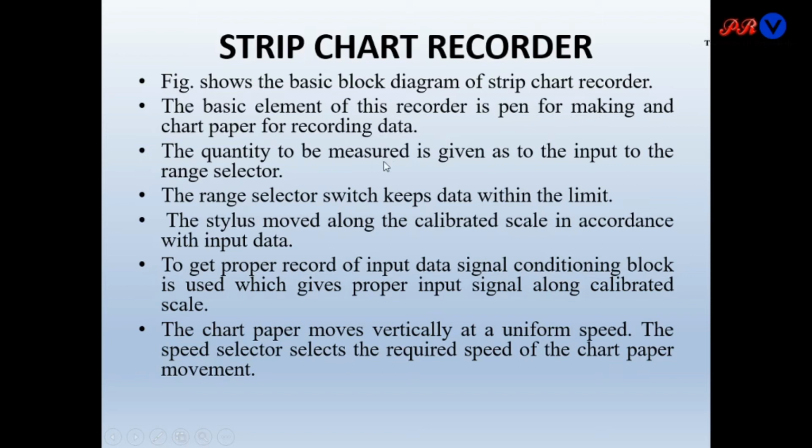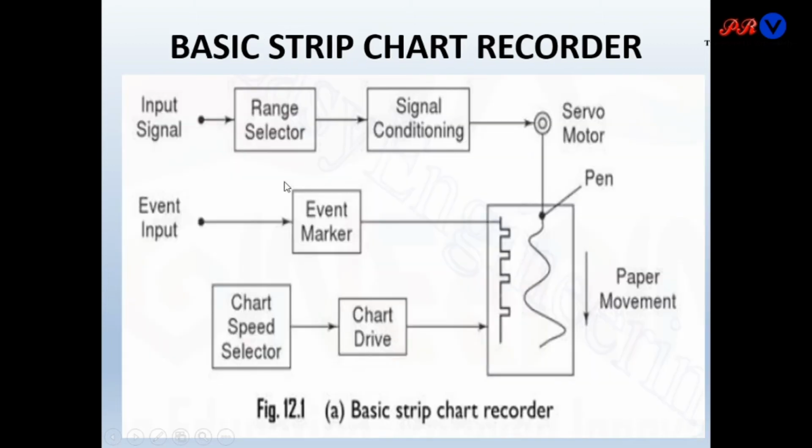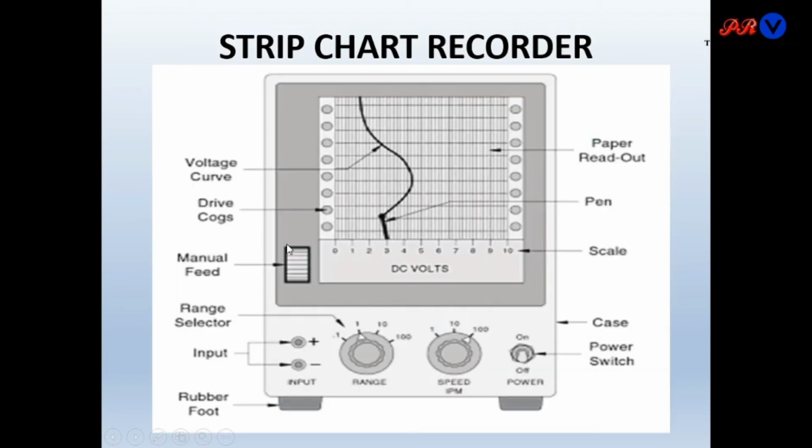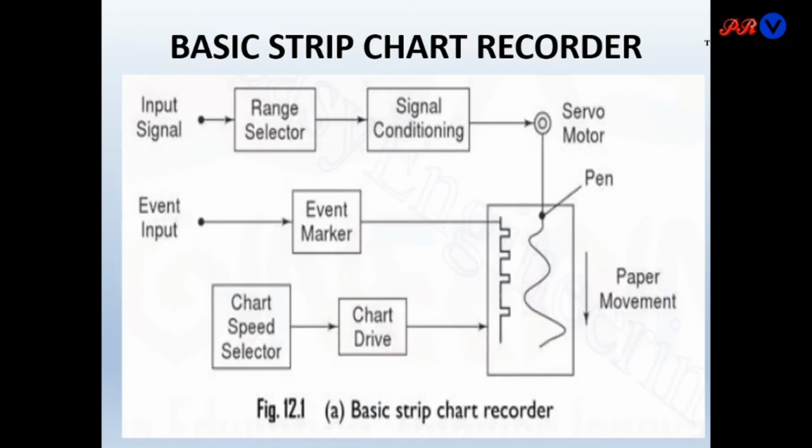The quantity to be measured is given as the input to the range selector. The range selector switch keeps data within the limit. The stylus moves along the calibrated scale in accordance with the input data.